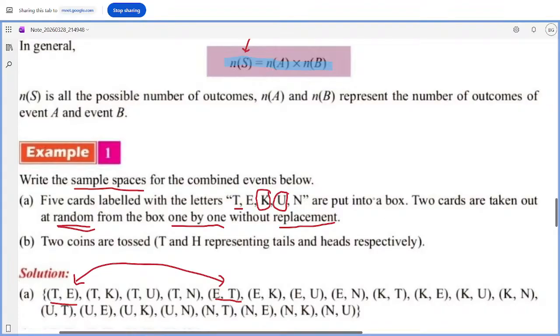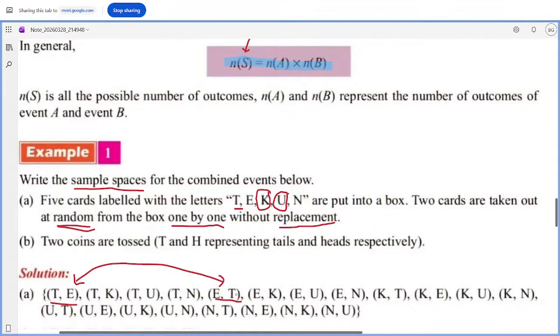Okay, if they take out both at the same time, then TE and ET, does it make a difference, guys? If you take out 2 cards at the same time, do I need to write out TE and ET separately, or is writing 1 enough? If I take out 2 cards at the same time, any idea? Do I need to write both in the sample space or just choose 1 and write? Guys, 2 cards taken out at the same time.